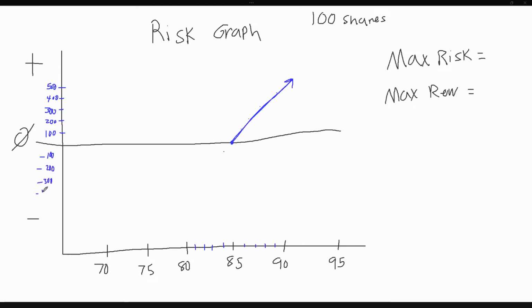It is a risk and reward graph in that it's showing you in a graph how you're making and how you're losing money. And at $80, we're down $500, and of course that line would just keep going. The higher the stock goes, this would be a case where your max reward is unlimited, right?